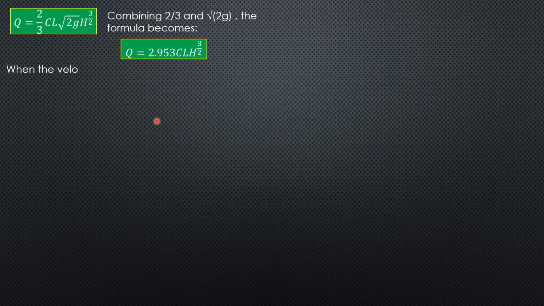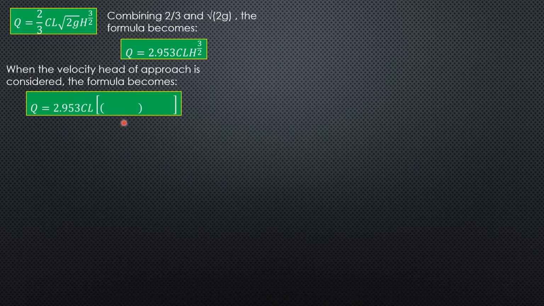When the velocity head of approach is considered, the formula becomes: we just replace big H by the quantity H plus h sub v, raised to 3/2, minus h sub v to the 3/2, where h sub v is the velocity head of approach.